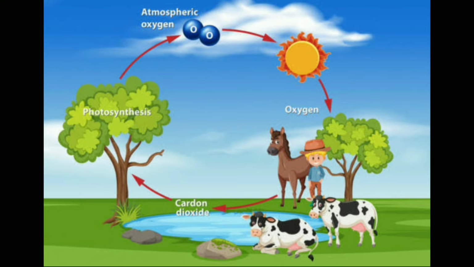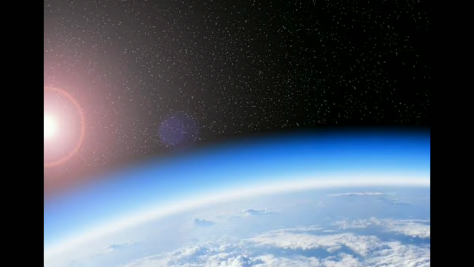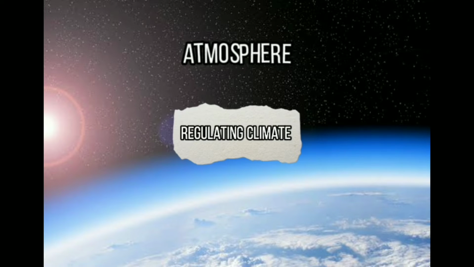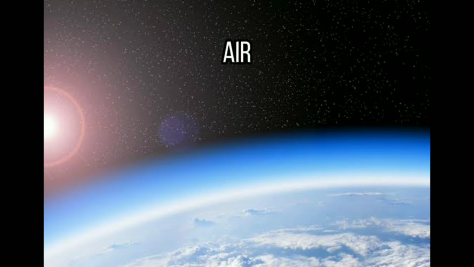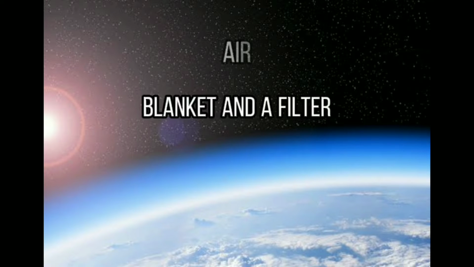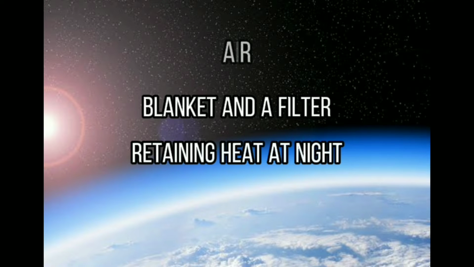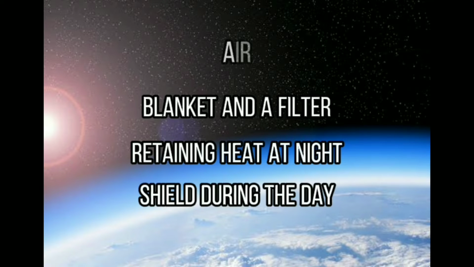The atmosphere supports life because animals and plants need both carbon dioxide and oxygen to survive. In addition, the atmosphere supports life indirectly by regulating climate. Air acts as both a blanket and a filter, retaining heat at night and shielding from direct solar radiation during the day.